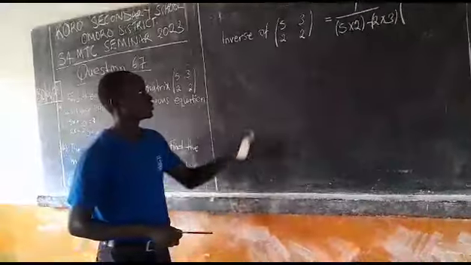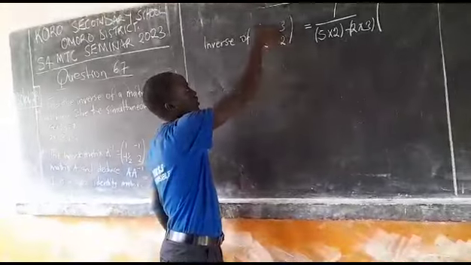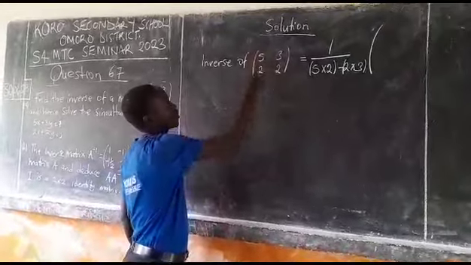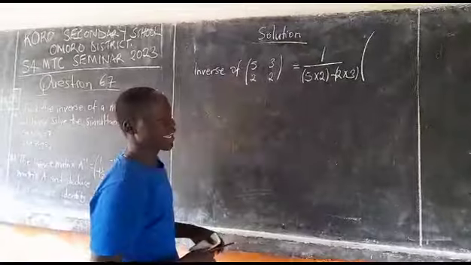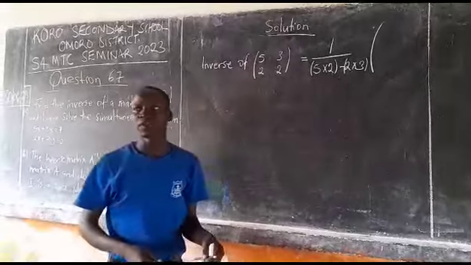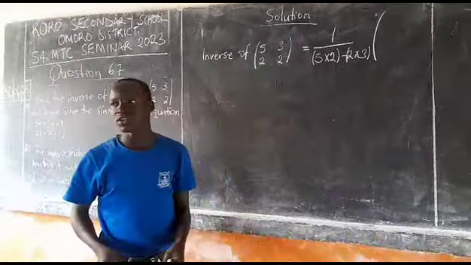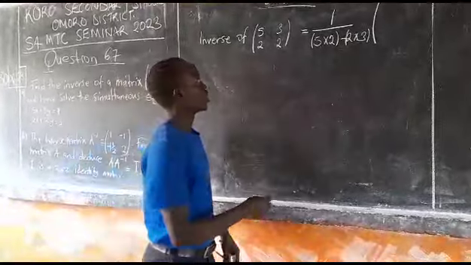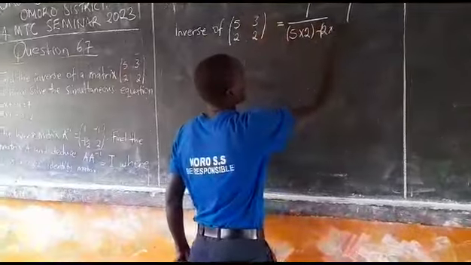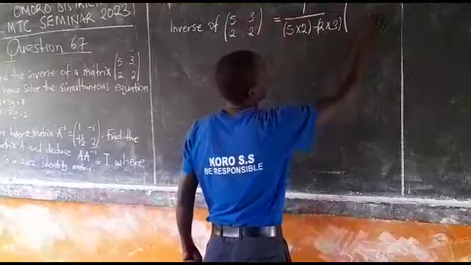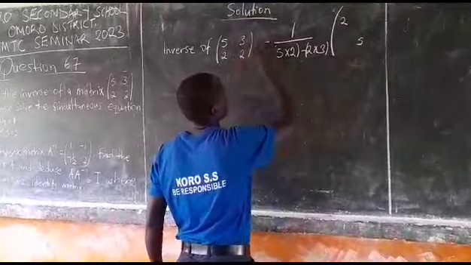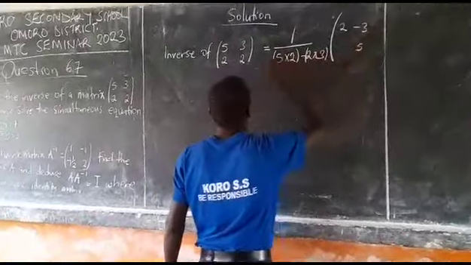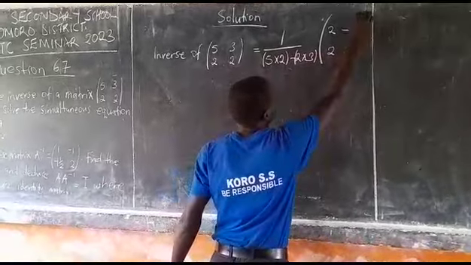To get the adjoint of the matrix given, just change the position of the major diagonal, and when you're changing the position of the major diagonal, the minor diagonal will change their sign. Now this 2 is going to come here, here is 5, and here is going to be negative 0, here is going to be 2.